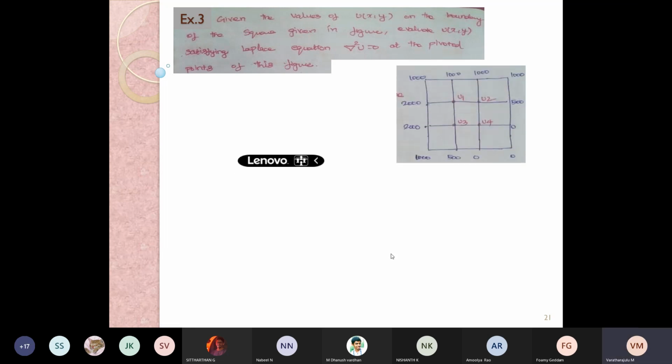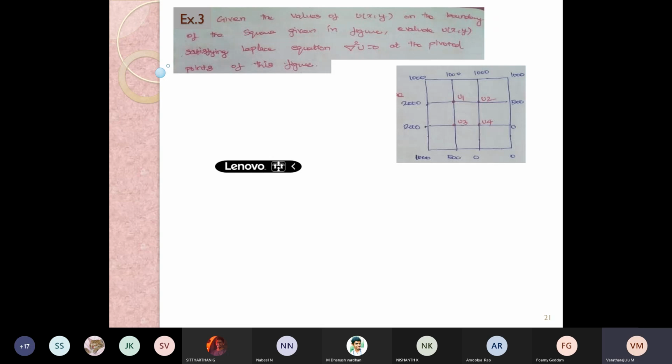This is the given figure. All the boundaries are given in the problem itself. No need to worry about these boundaries. U1, U2, U3 and U4. This is for your practice.